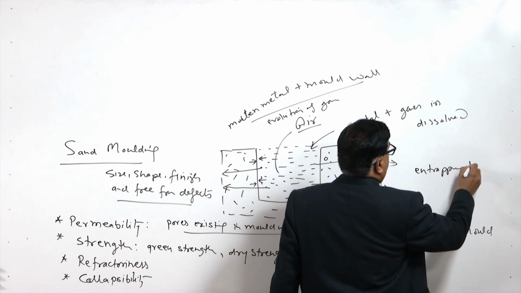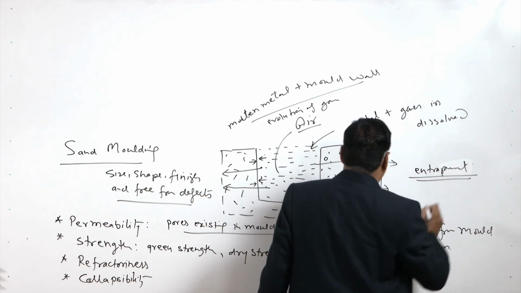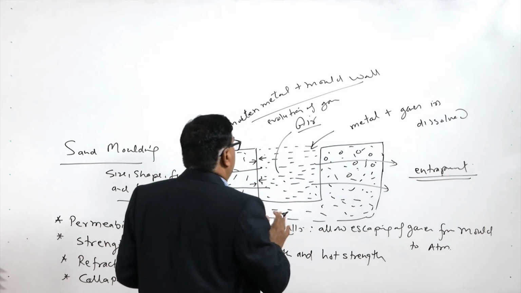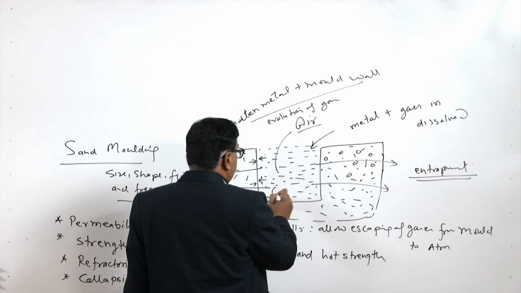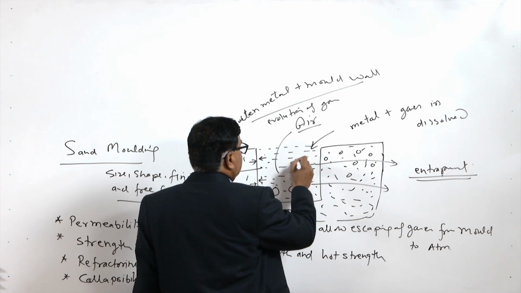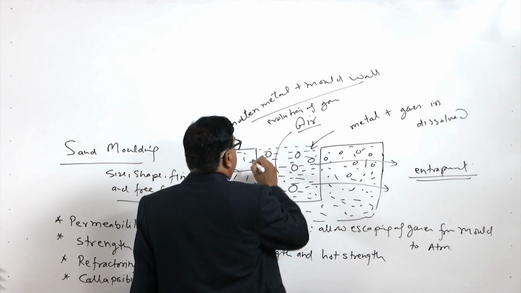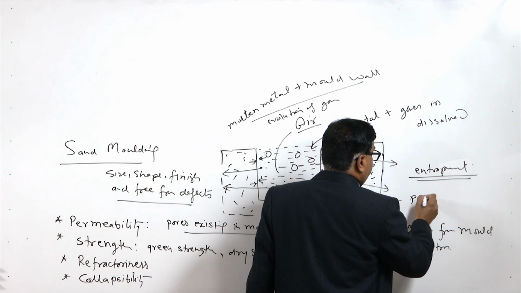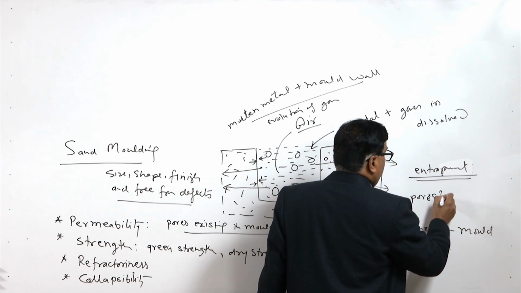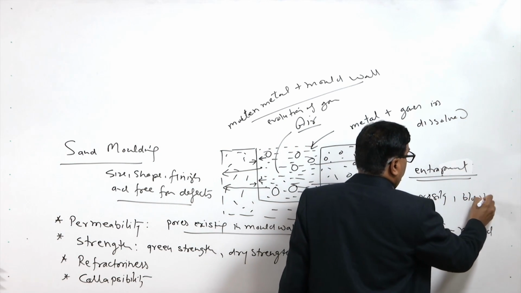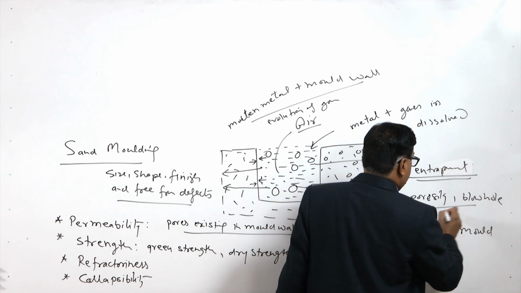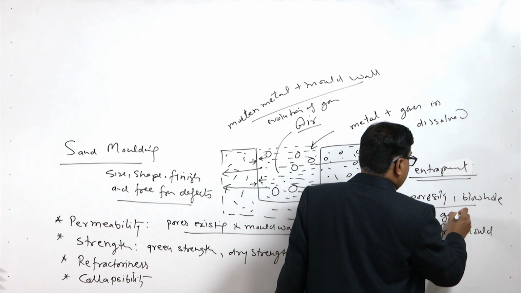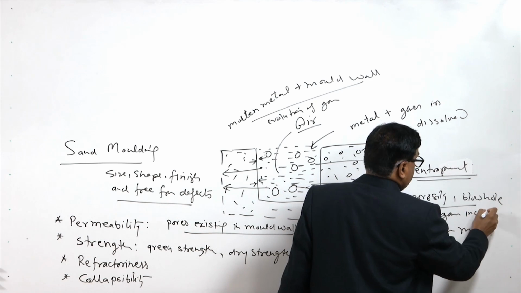The gases trapped within the mold wall will lead to the presence of these gases in the casting itself, and these may appear as fine porosity or big blow holes. These are also termed as gaseous inclusions.